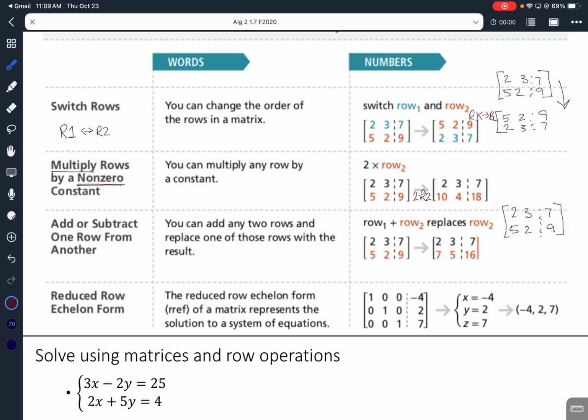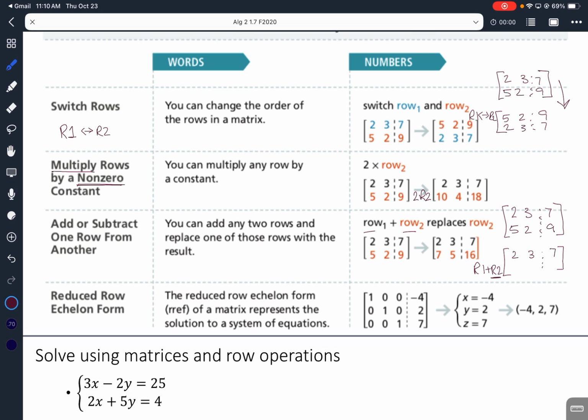We're going to add row 1 to row 2. So next to row 2, you say R1 plus R2. R1 does not change. The only one that changes is the second one. And all we write is the result.